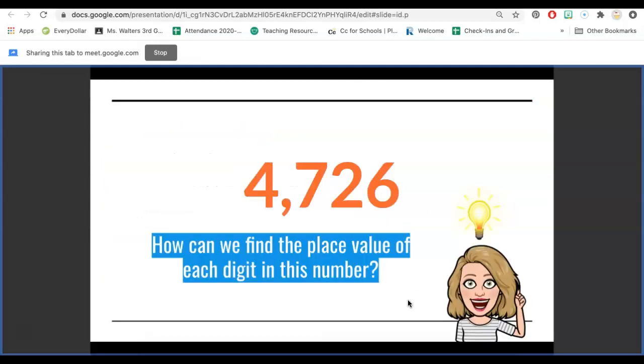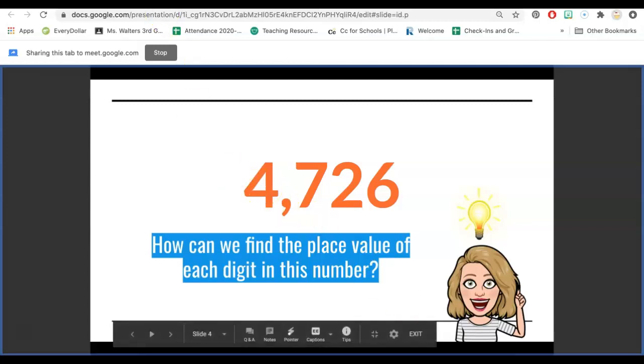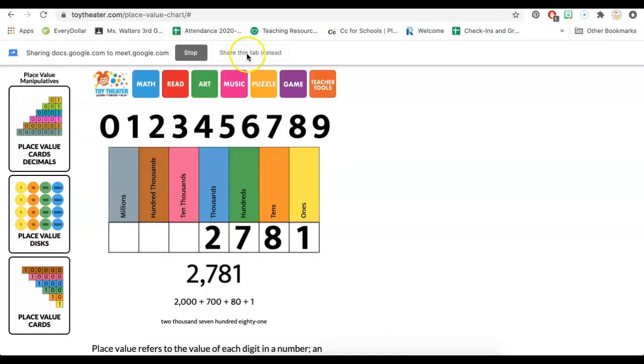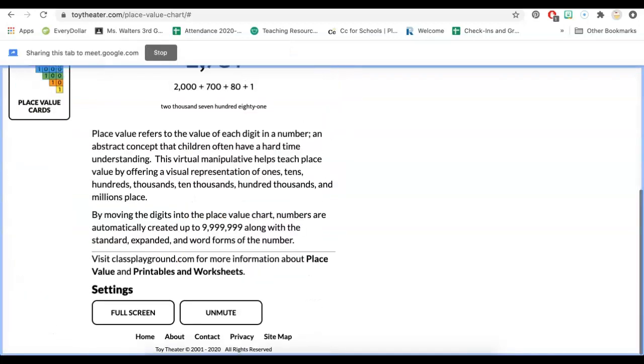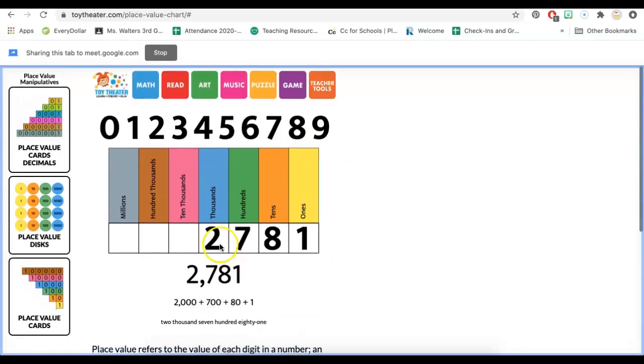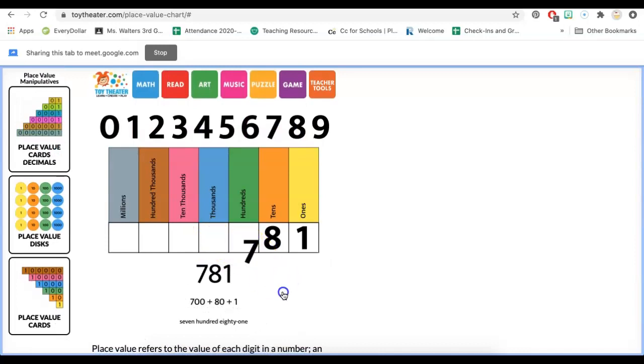Now we have this number here, 4,726. How on earth can we find the place value of each digit in this number? Well, let's take a look at my handy dandy place value chart. And I'm going to clear this out. My number was, what was my number?